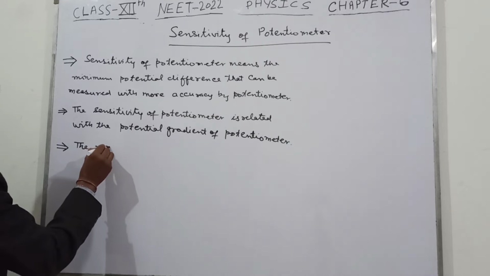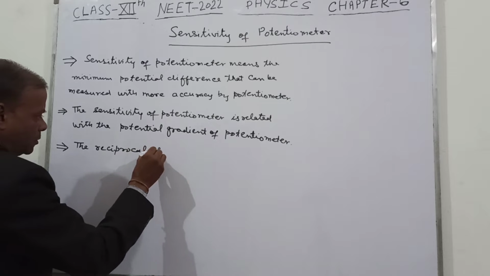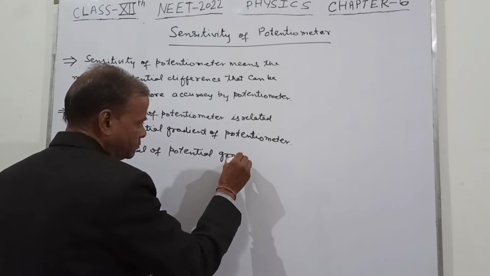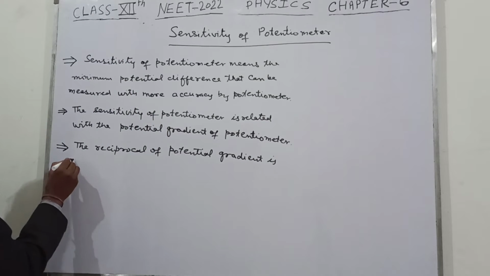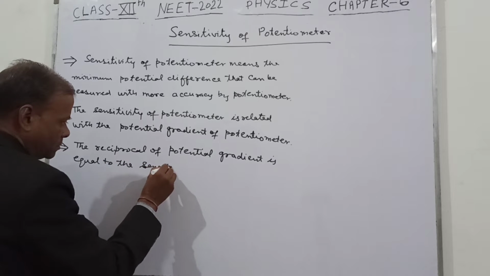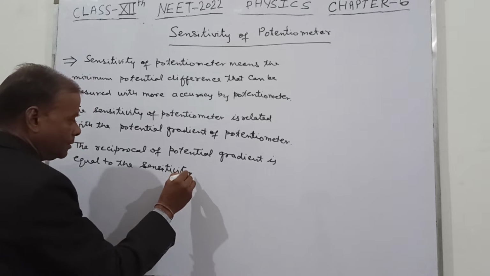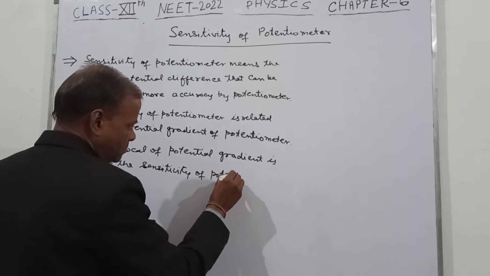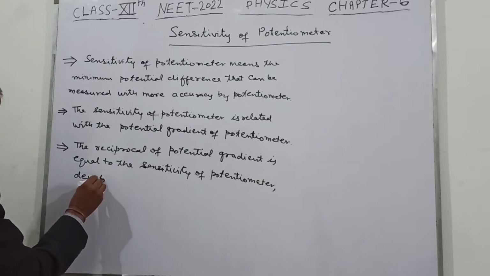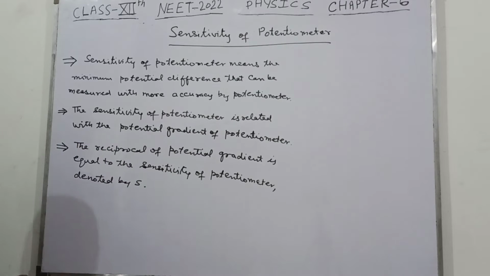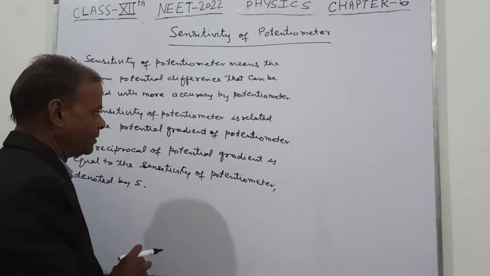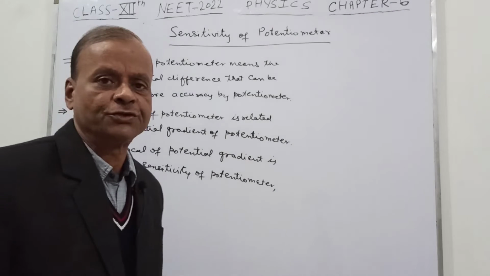The reciprocal of potential gradient is equal to the sensitivity of potentiometer denoted by S.